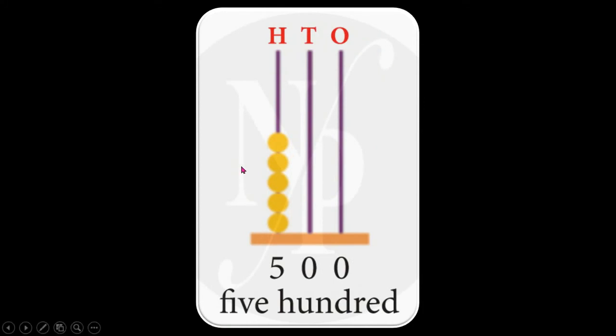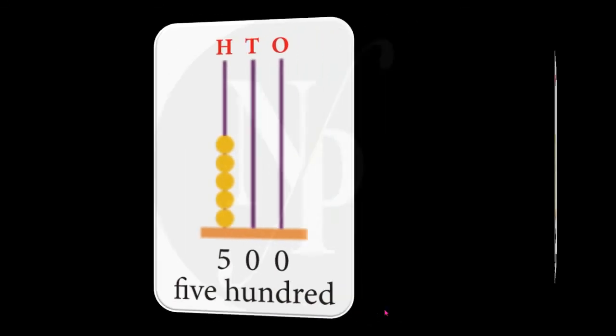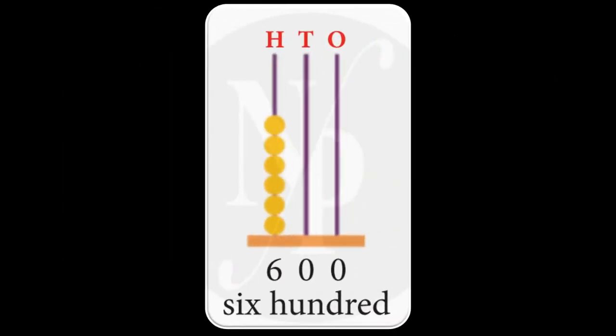For 500, there will be 5 beads on hundreds place rod and no beads on tens place and ones place rods. 600 is represented with 6 beads on hundreds place rod and no beads on tens and ones place rods.